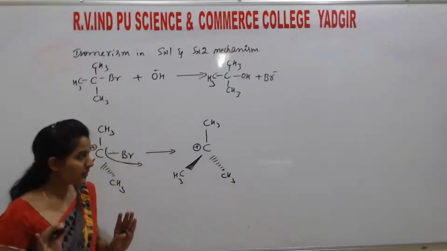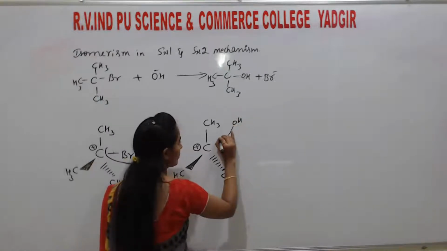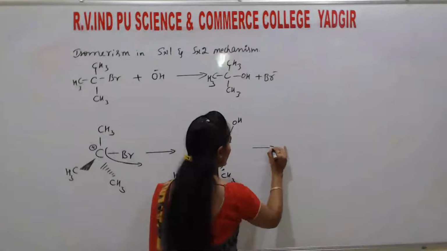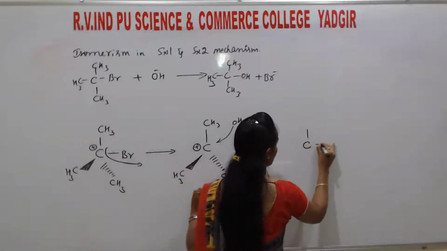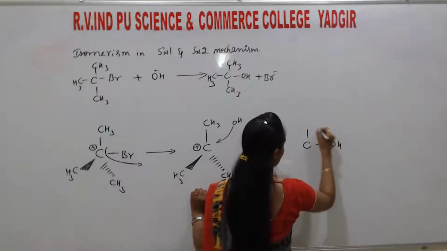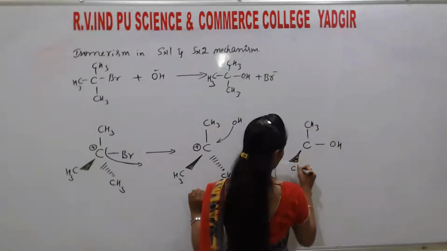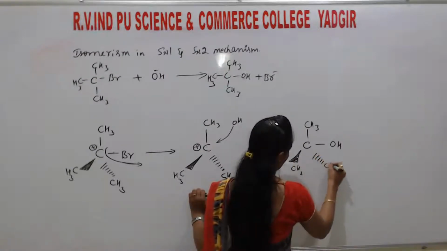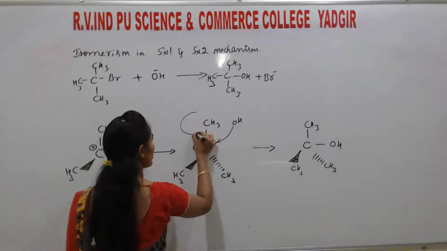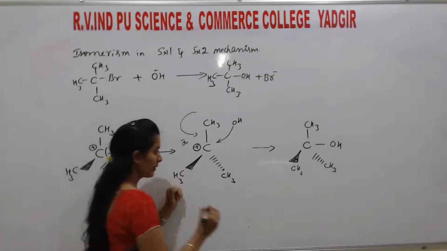Students, first assume the OH is bonded from this direction only. Then here it forms OH, CH3, CH3, CH3. Consider if OH is bonded from the opposite direction.